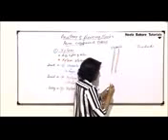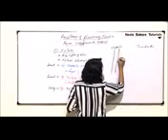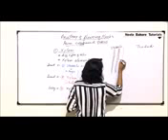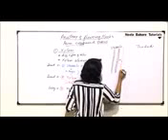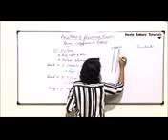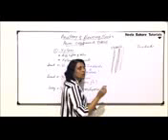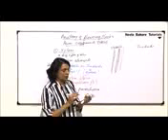Plus, let me draw one more row of these vessels here. These are cells again, and the end wall is dissolved. So this is a long tube-like structure or a very thin pipe-like structure.